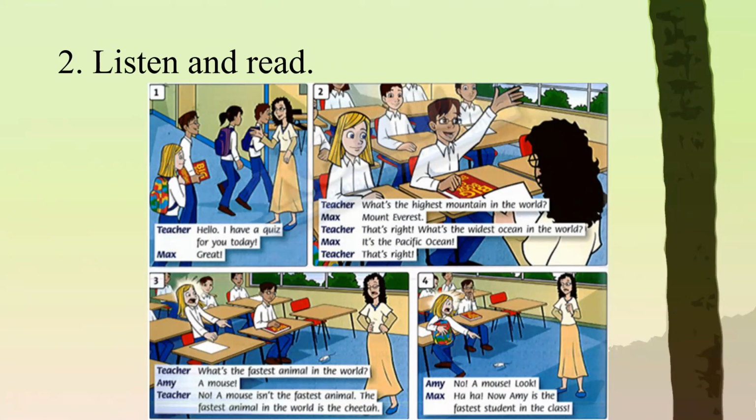Hello. I have a quiz for you today. Great! What's the highest mountain in the world? Mount Everest! That's right. What's the widest ocean in the world? It's the Pacific Ocean! That's right.